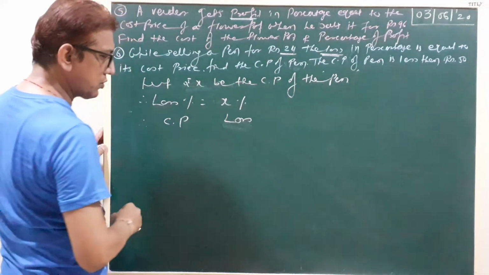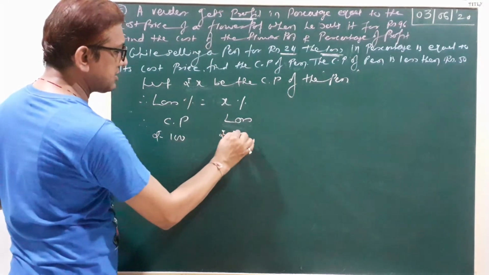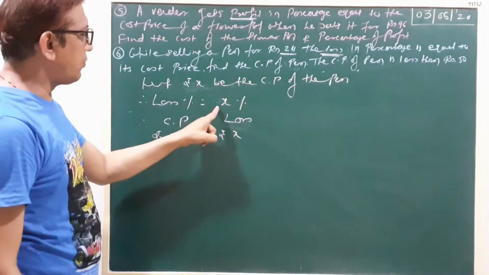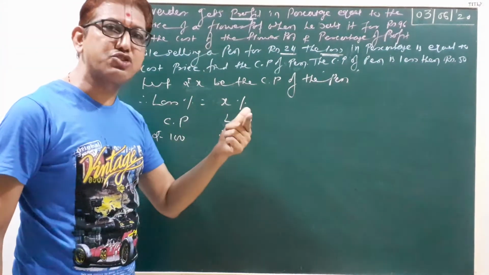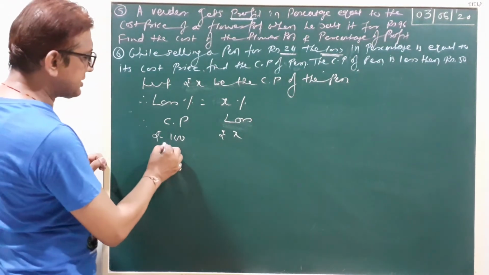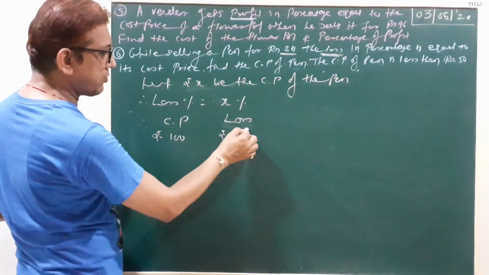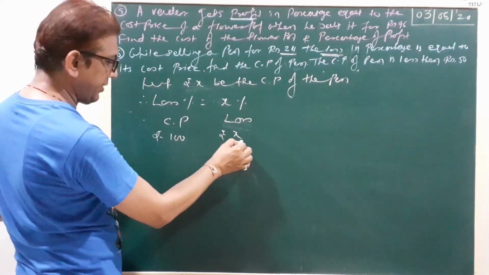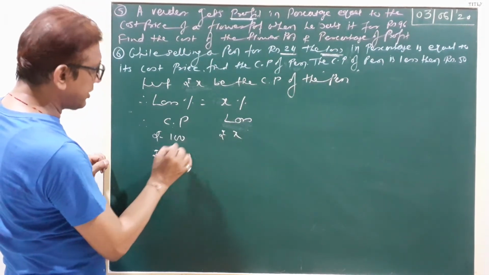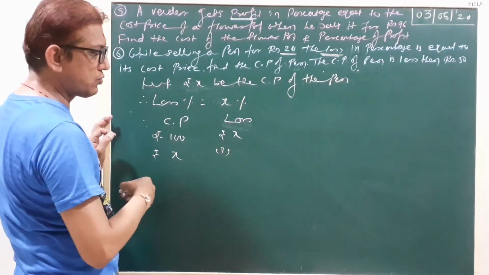Here rupees 100, so here rupees x. Because what's the meaning of percentage? Percentage is out of 100. So if your CP is rupees 100, then loss equal to rupees x. Clear? Okay. Therefore, our cost price is X, therefore loss is question mark.